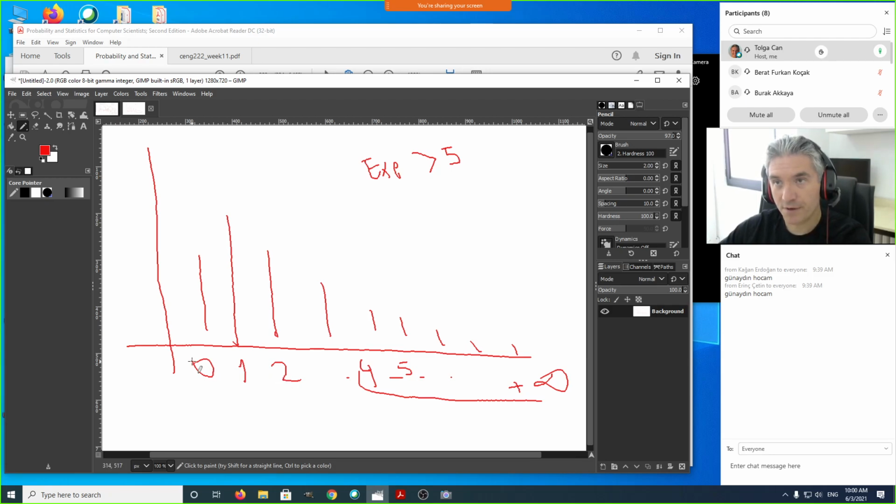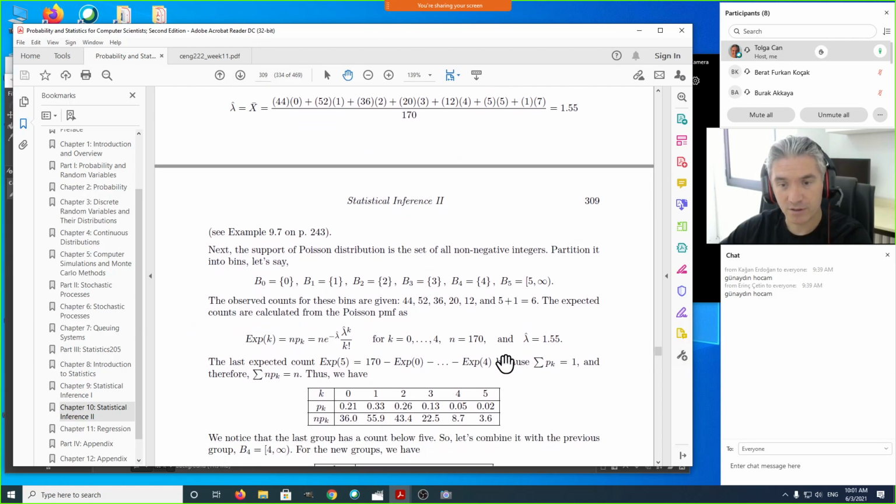Because with low degrees of freedom, the chi-square distribution, as you can see, has really very close values, and your test will not be really accurate when you have a small number of bins. So in order to have a more accurate chi-square test, the number of bins has to be at least 5, and also the expected counts that fall into these bins should at least be 5. So these are two things.